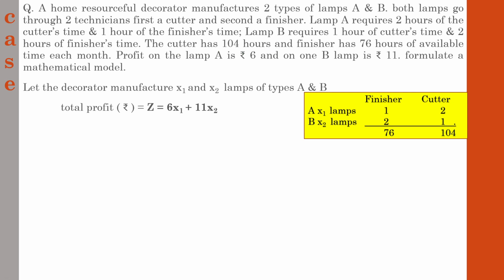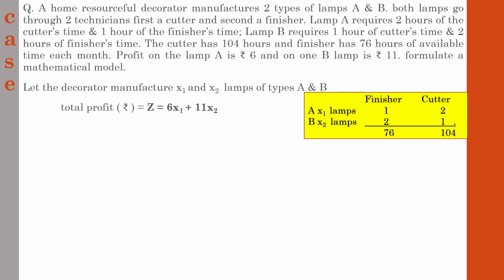Within that 104 hours he has to deal with lamb A and lamb B. And the finisher has 76 hours available. Within these 76 hours he has to do his work.